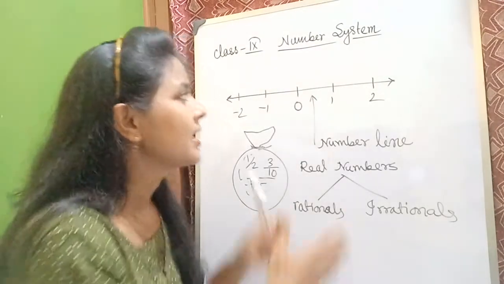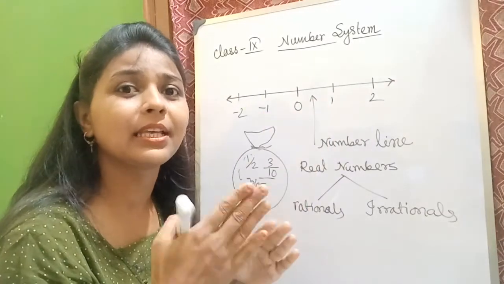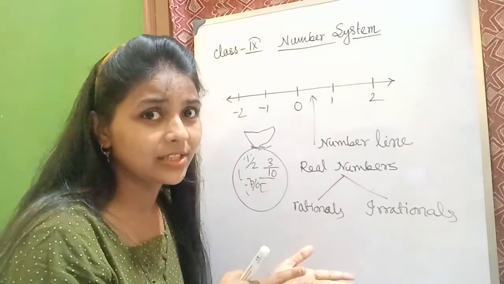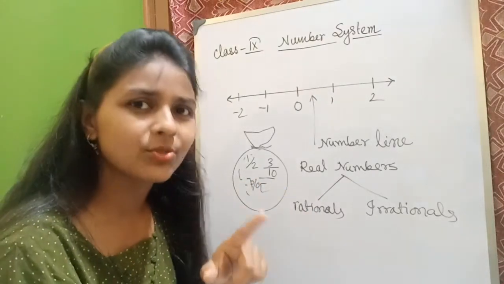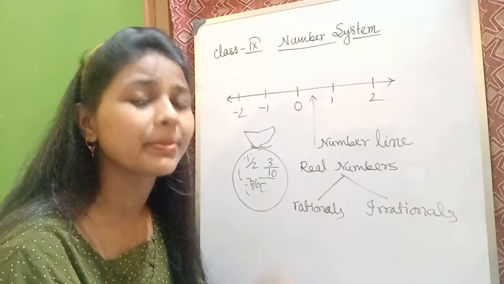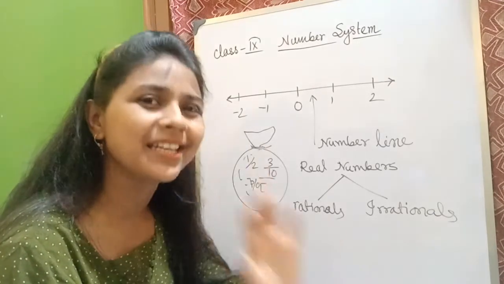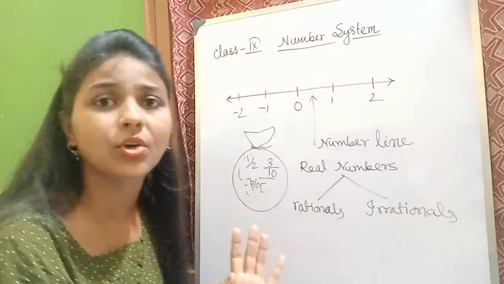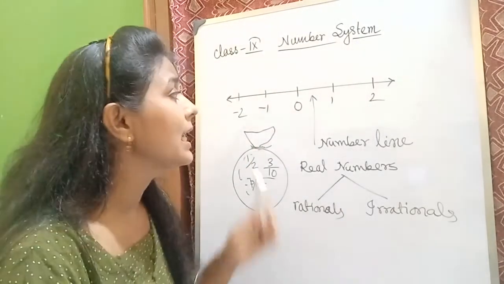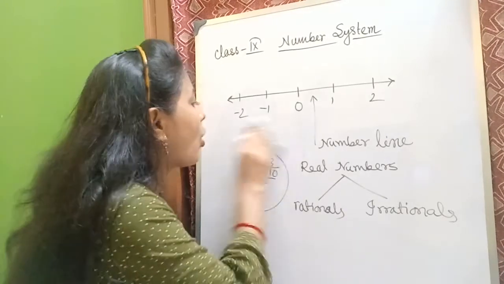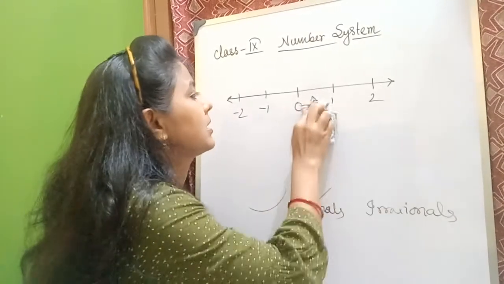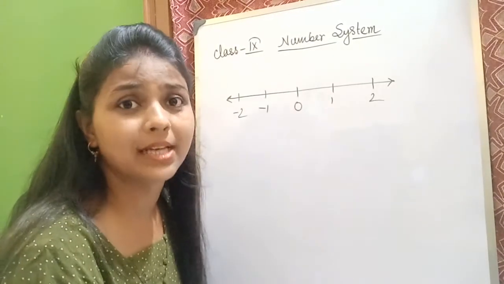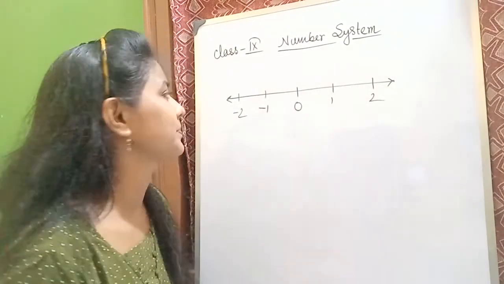It means the whole number line has all numbers, rationals and irrationals. That's why its real name is real number line. Okay, understood why this number line is called the real number line? Because it can have all real numbers on it. So our next topic comes here.